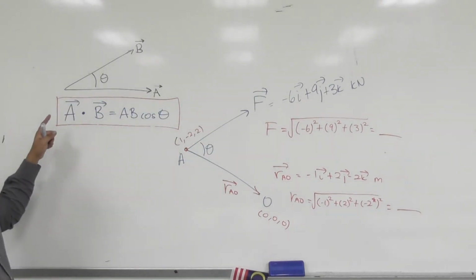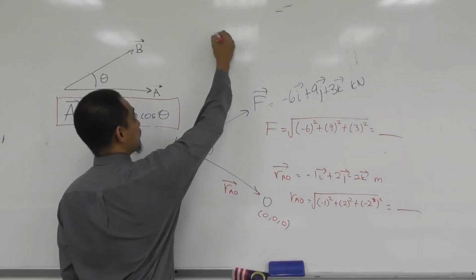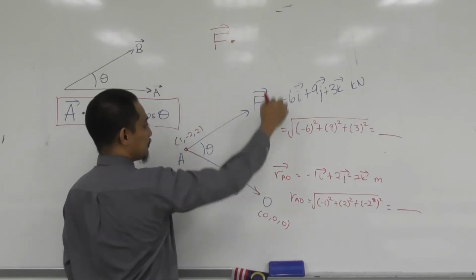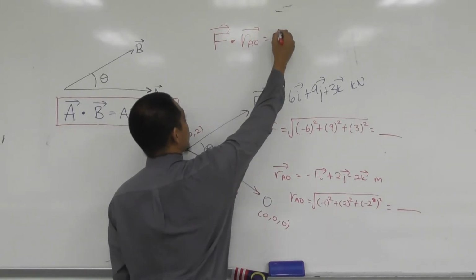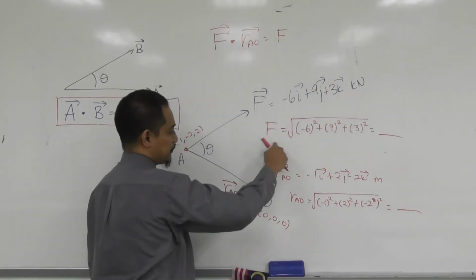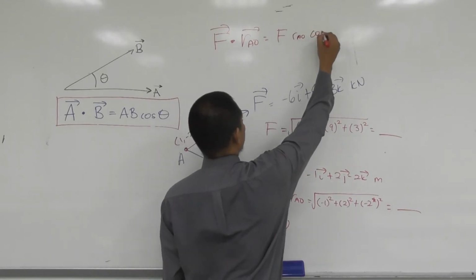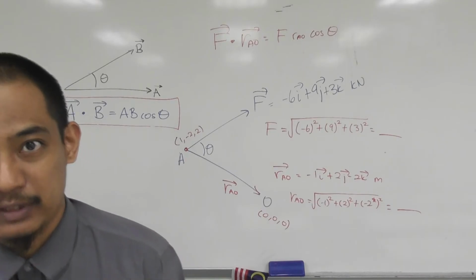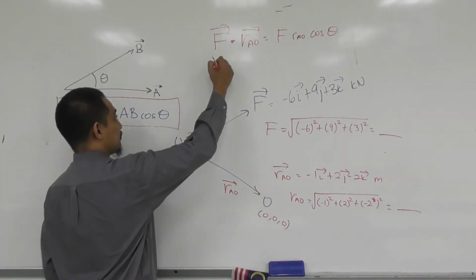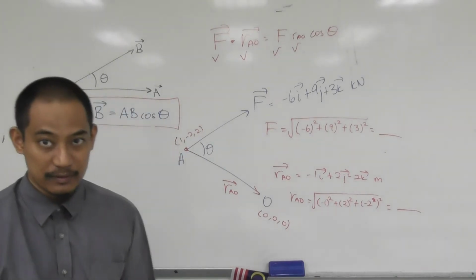You have vector F. So basically it will be F dot R A O equals F times R A O times cos theta, right? Is it in the picture, in the frame? Yes.